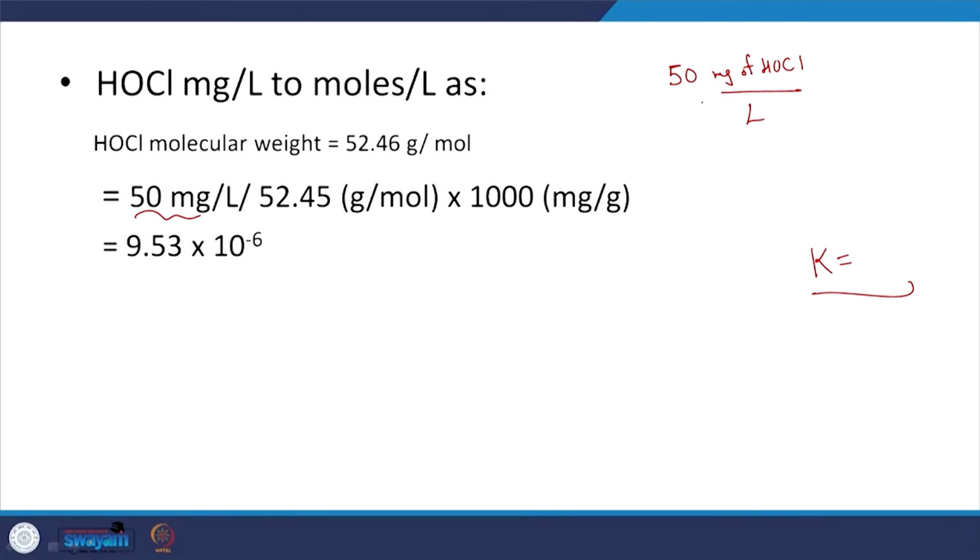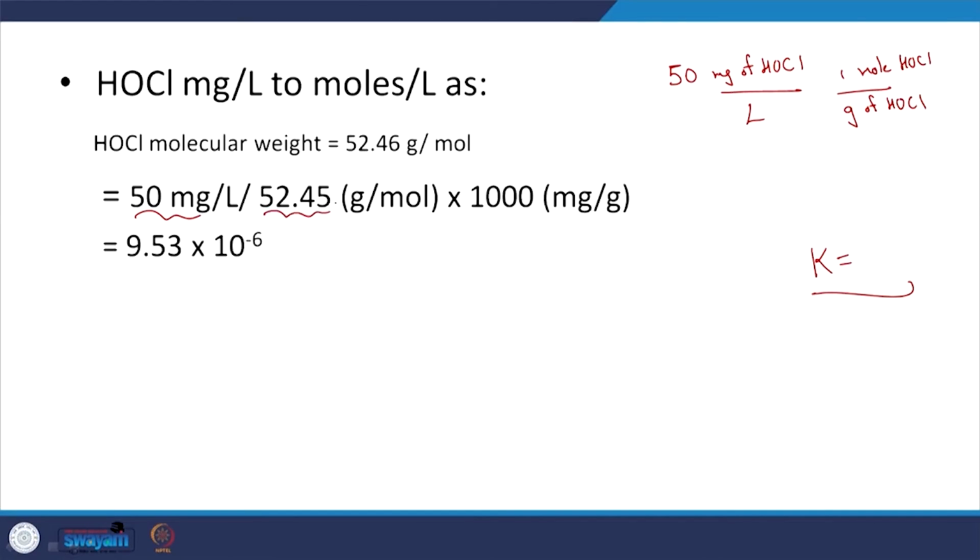So, how do I do this? I need to get the molecular weight. If I have that, I will have grams of HOCl per 1 mole of HOCl. So, grams of HOCl cancel out and I will get it. What is the molecular weight?